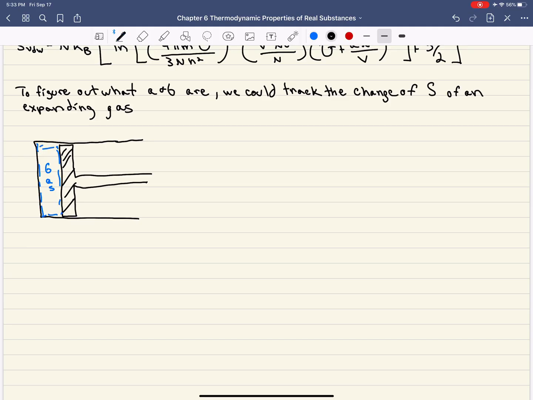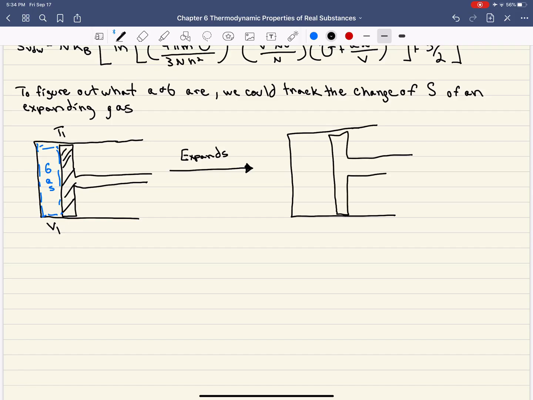It's at temperature T1, volume V1, and then we somehow control the expansion of the gas so that it's at a new volume and a new temperature.